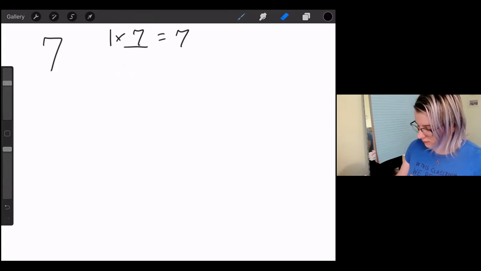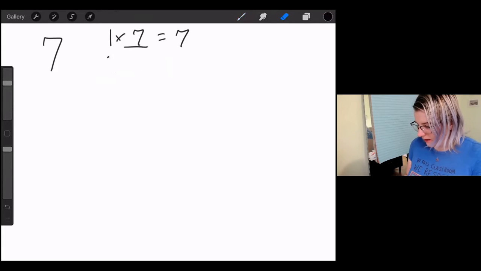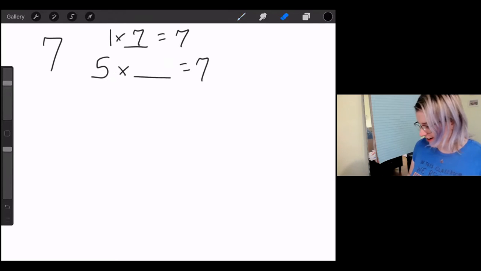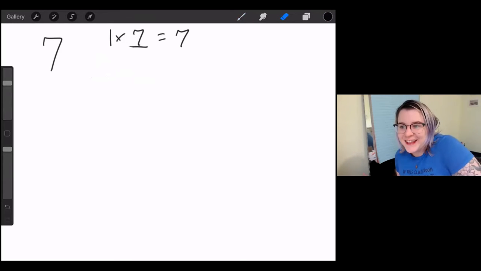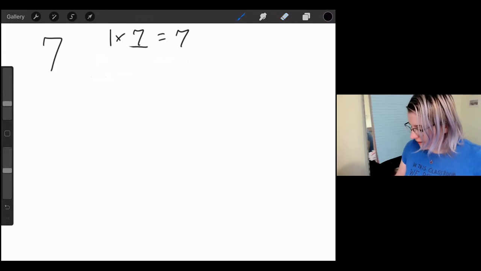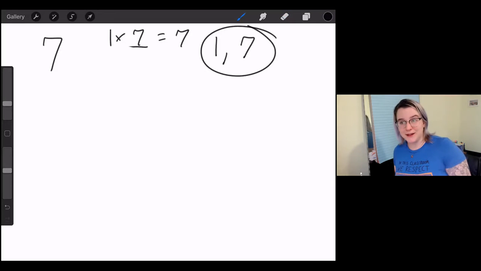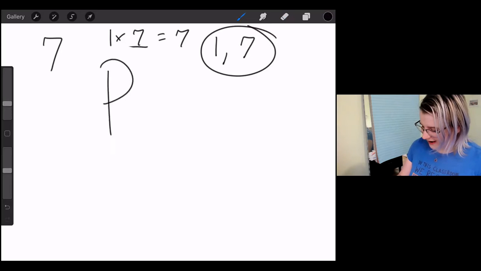What else? 4 times what equals 7? Nothing. You can't multiply 4 by anything to get 7, right? 4 times 2 is 8. What about 5? Nothing. And without me even writing it, what about 6? Nothing. You can't multiply 6 by anything and get 7. So our factors for 7 are 1 and 7. Is it prime or composite?